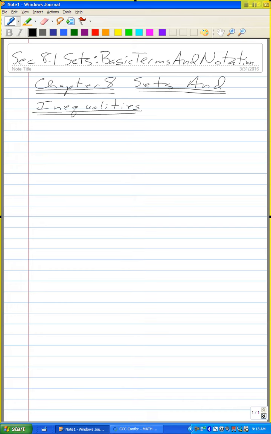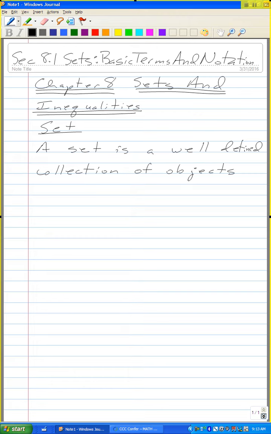Okay, so first off, a set. A set is a well-defined collection of objects. And so elements.